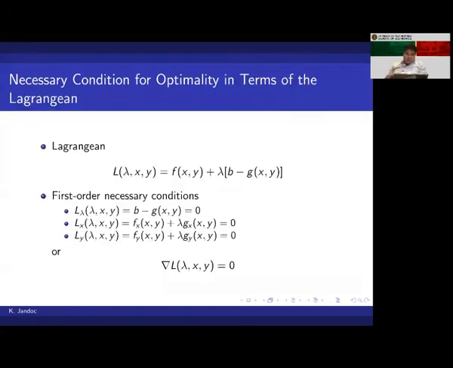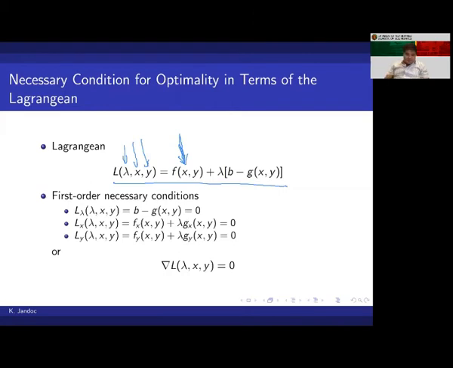Now, those three conditions of the previous slide can also be cast in terms of the Lagrangian. Recall that the Lagrangian function, which is a function of lambda, x, and y, is constructed by having the objective function f of x, y plus lambda times b minus g of x, y, which is found in the constraint.